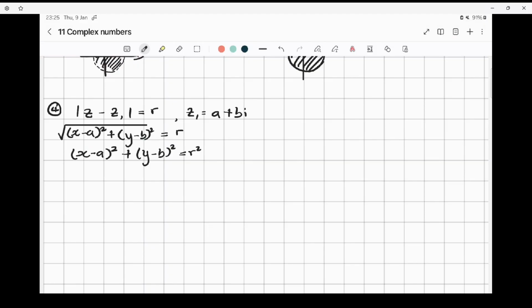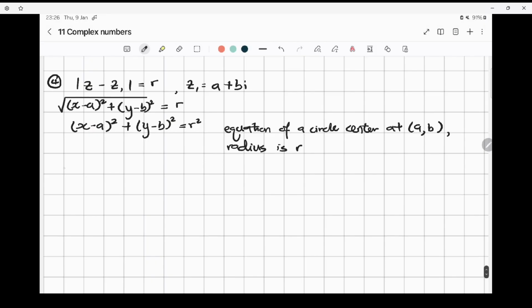So I will just write the description once. So this will be the equation of a circle, center at (a, b), the radius is r.